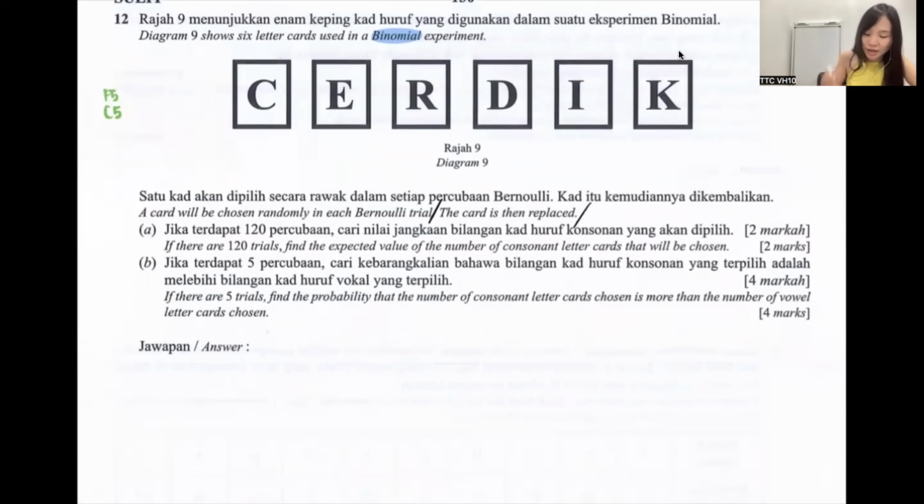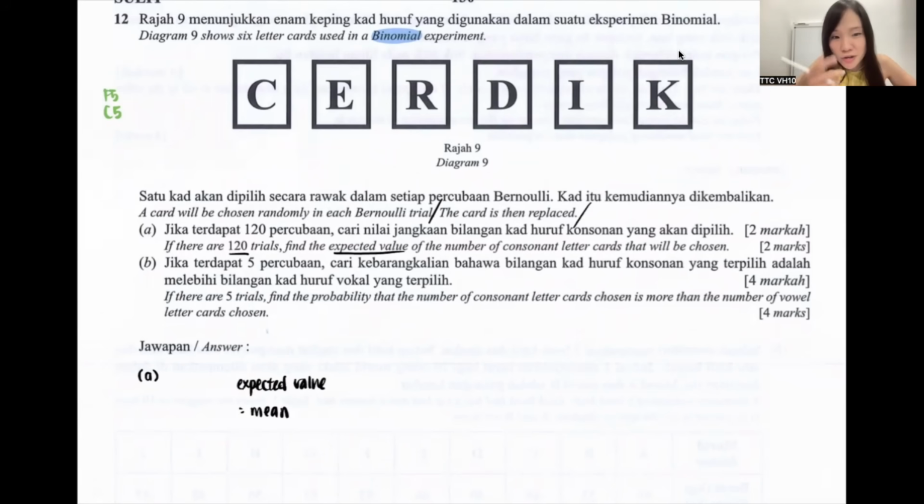So now, my dear, they say a card is chosen and then replaced. For part A, if there are 120 trials, find the expected value. Do you know what expected value is? Expected value is actually the mean. So they are finding the mean. Do you still remember how the mean symbol looks like? The mean symbol looks like this. Mean has a formula under binomial distribution, hopefully you all remember.